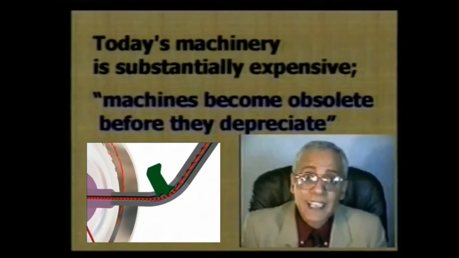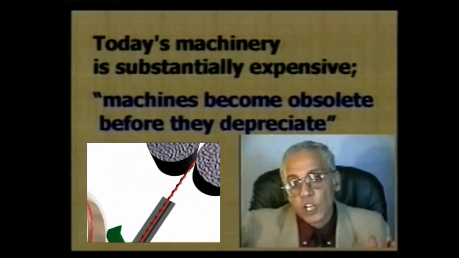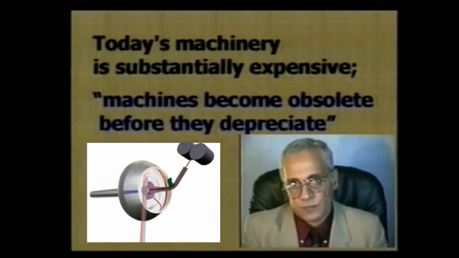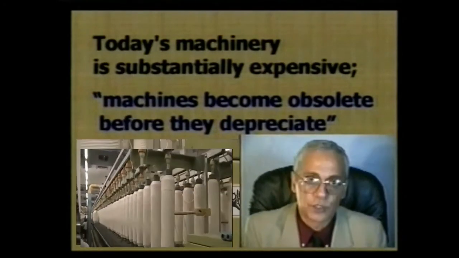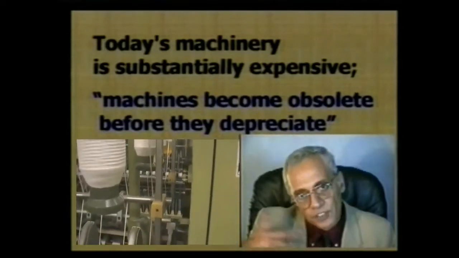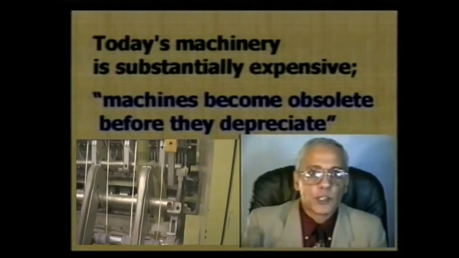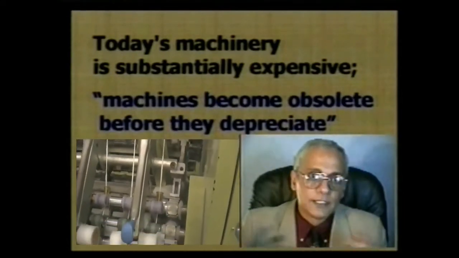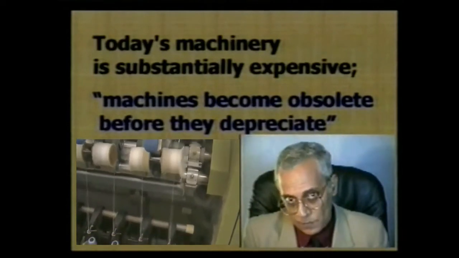And there is a gap that has been created between the learning curve of the technology and the lasting period of the technology. So every time we think that we understood the technology fully, a new technology comes around, and then we have to start the curve all over again.